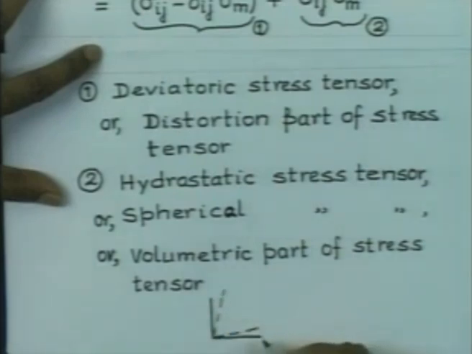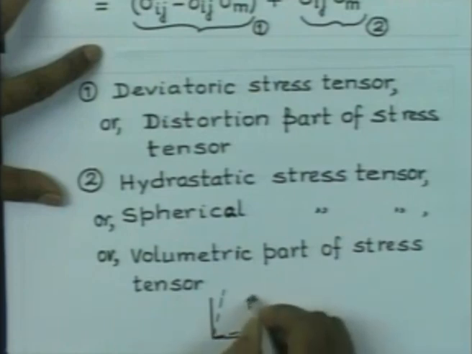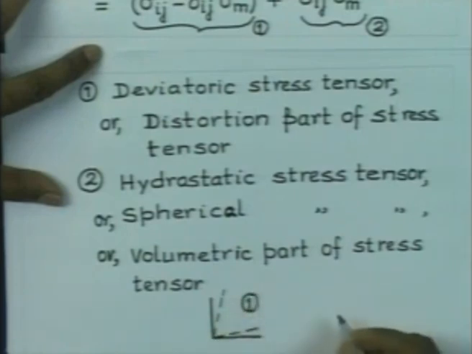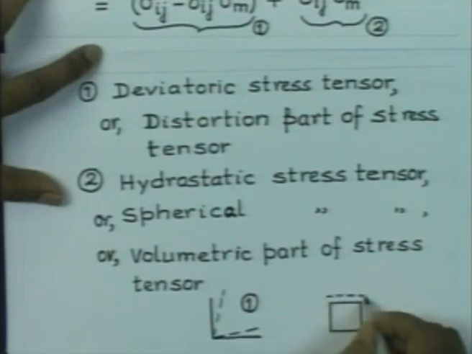So, there will be shear deformation. So, this is the effect of part 1. On the other hand, if we consider the hydrostatic stress tensor, this is going to give rise to a change in volume of the element, which can be represented in two dimensions like this.